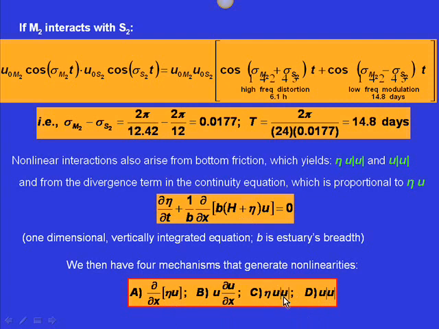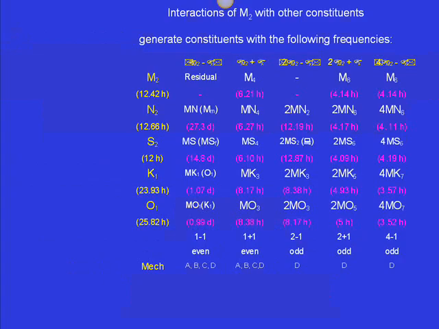This one comes from the fact that at high water, this product will be much different than on low waters, so this will cause a distortion of the tide also. We'll look into each one of these in a little while. All right, so that's where they come from.